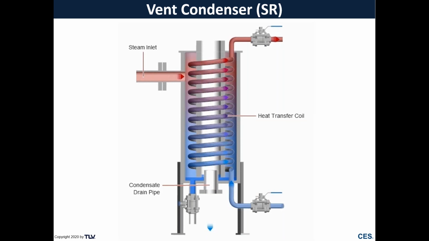Also worth noting here is that if we run into a scenario where the volume of flash steam that we have is greater than the condensing capability of this vent condenser, it's more likely that it's not all flash steam at that point. Maybe we've unintentionally opened a bypass valve or something that is sending an additional volume of steam into our return system, and we've overloaded our vent condenser.